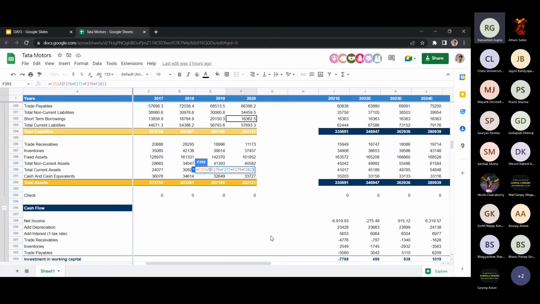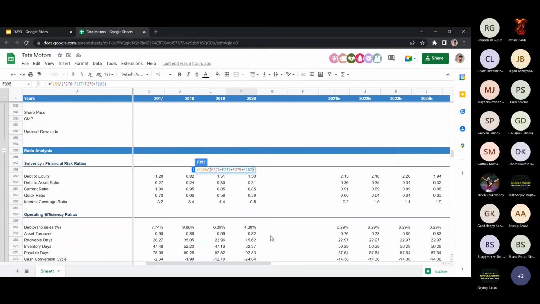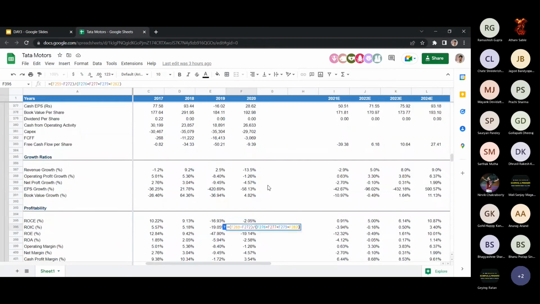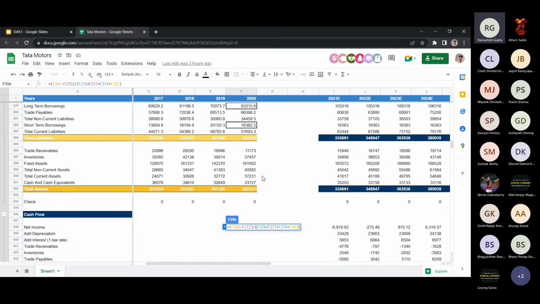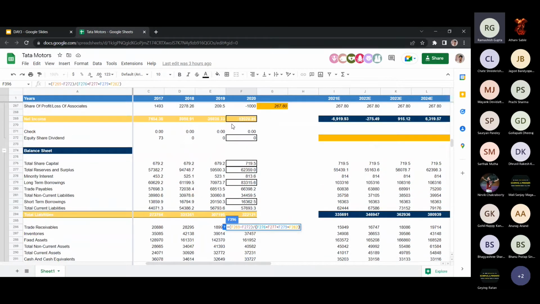Next is return on invested capital. For this, we will take net income and subtract the dividend that the company has given to its stockholders, and divide it by the same numbers that we used in the previous one.